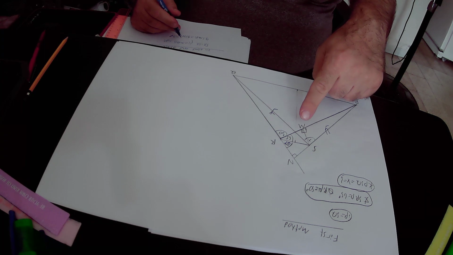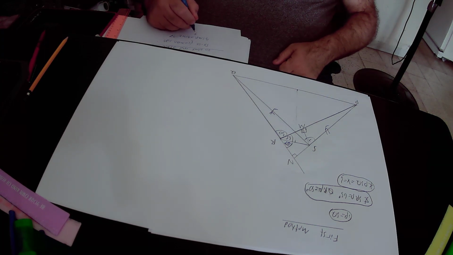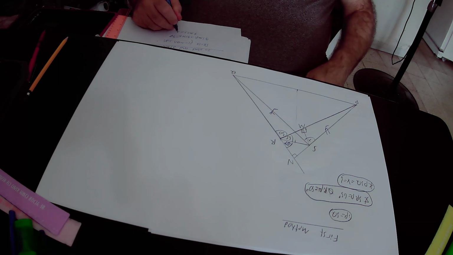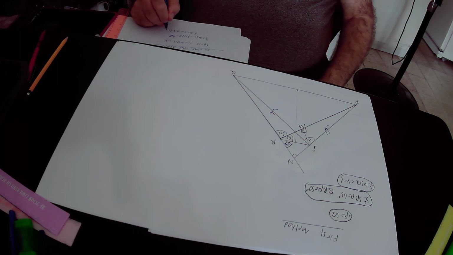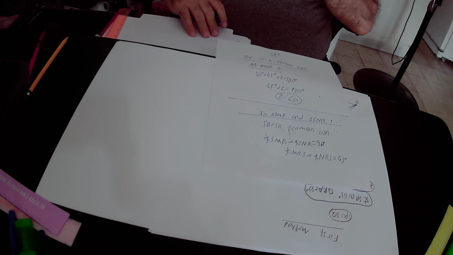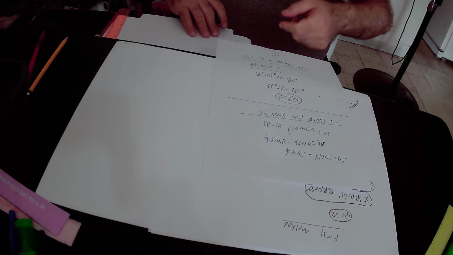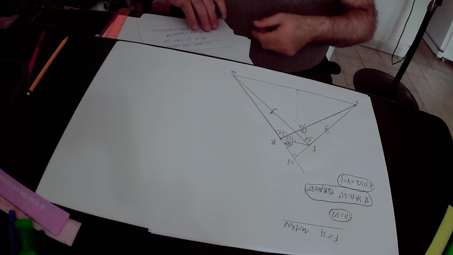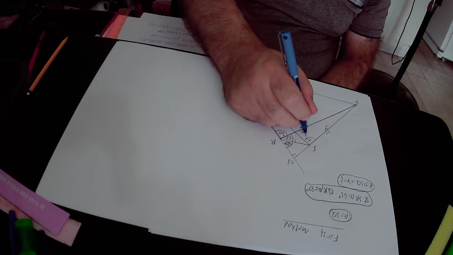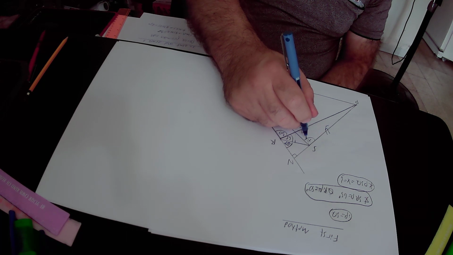So angle MRS equals angle NRS, and both angles equal 65 degrees. But what is the size of this angle?